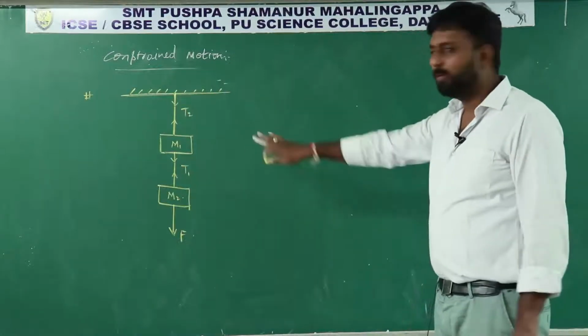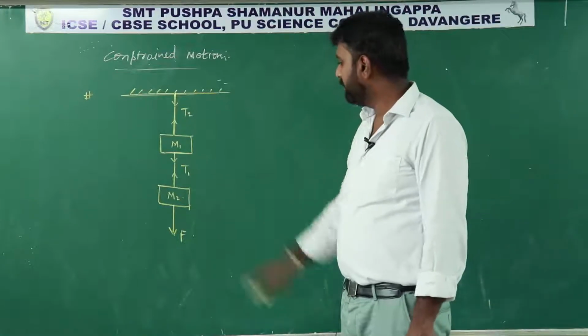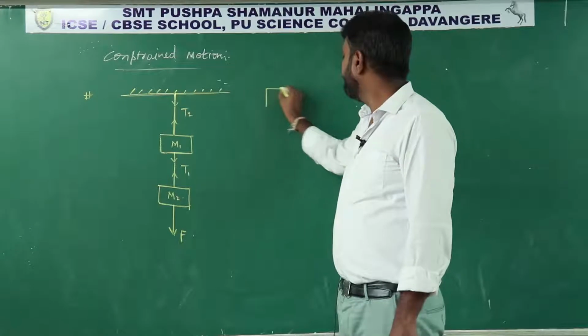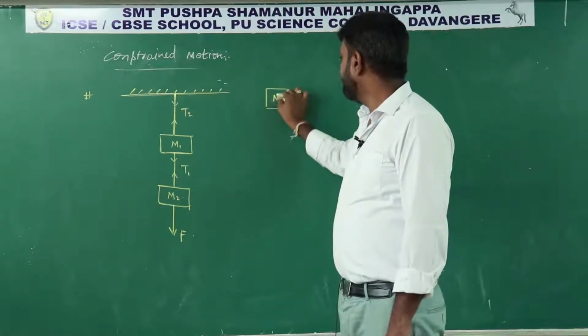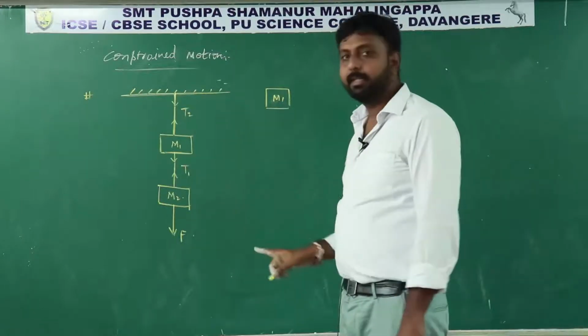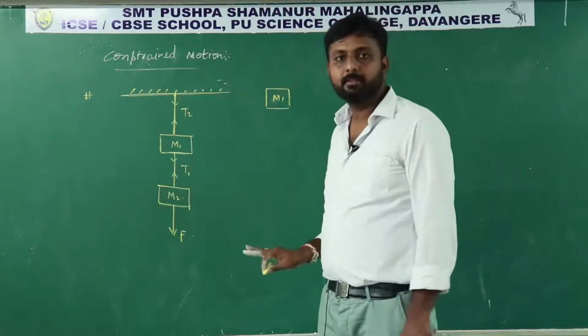That means it is not moving anywhere, right? This is at equilibrium, it is not moving, you are applying force only. Then I will take this block, that is mass m1. On the block mass m1, observe carefully, here it is not in contact with any surface.